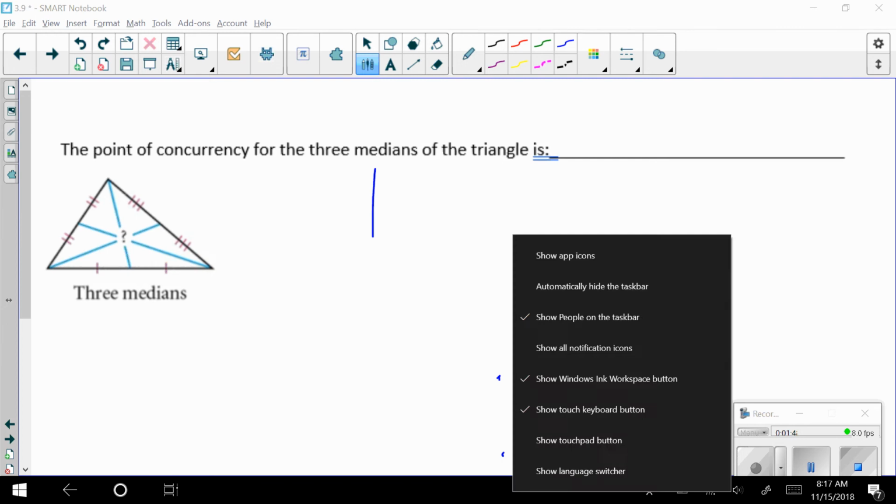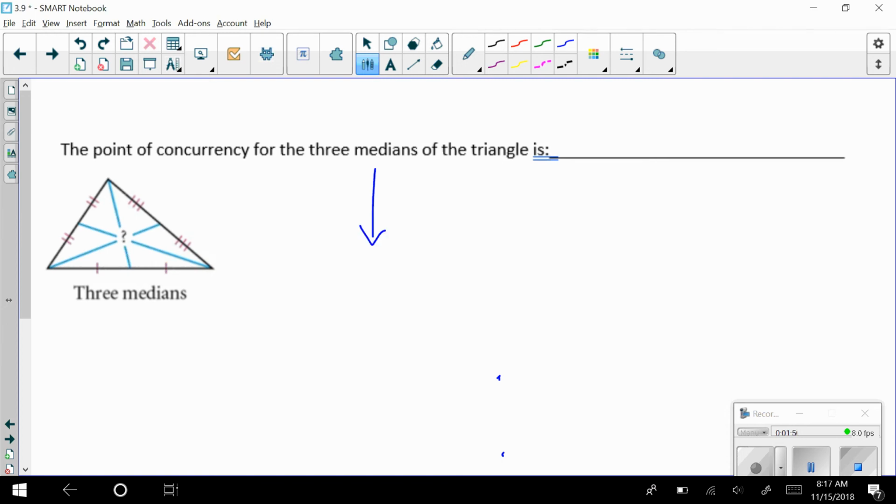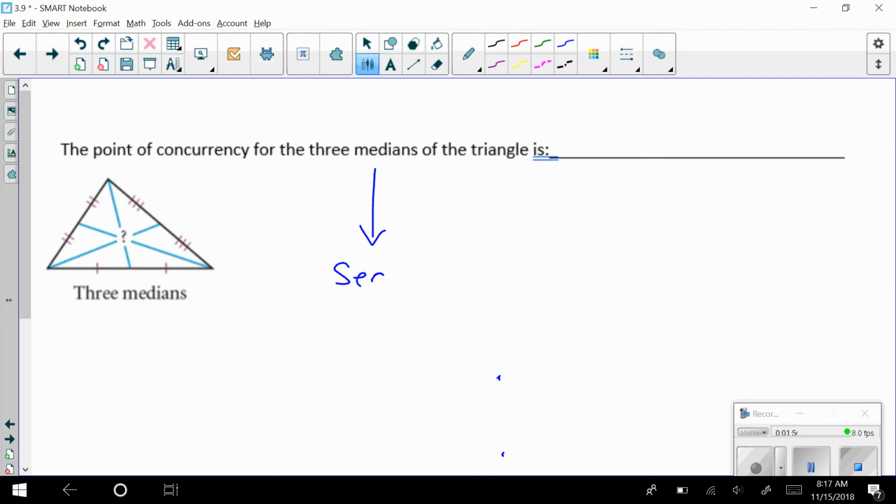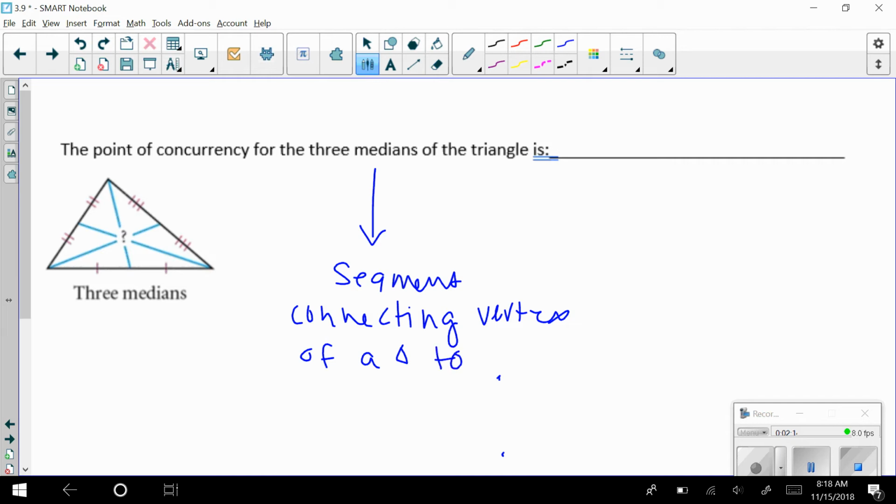Now if you remember what a median is, it's a segment that goes from a vertex of a triangle to the midpoint of the opposite side. So this is something that we worked with earlier this chapter.